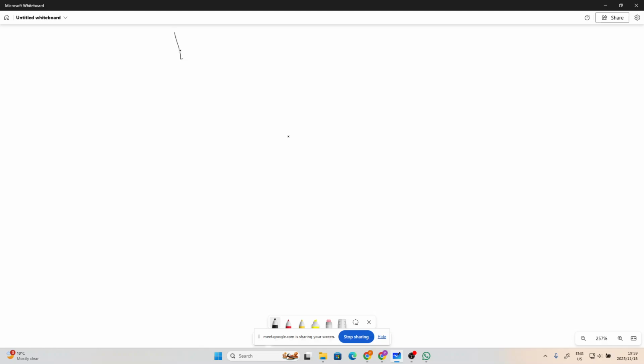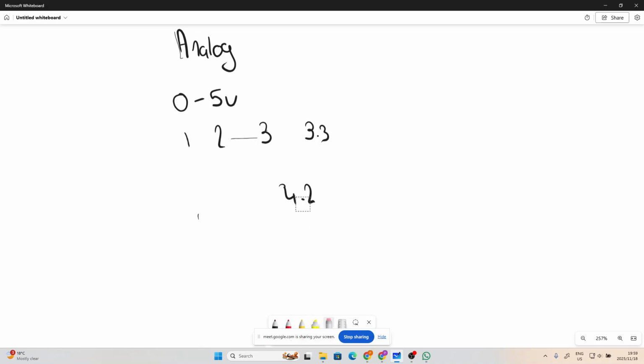When we say something is analog, in this case we're using American spelling, so analog. We look at voltages from 0 to 5 volts, as in it can be any of those voltages. It can be 1, 2, 3, maybe 3.3, maybe 4.2, stuff like that. Simple stuff. That's what analog means.